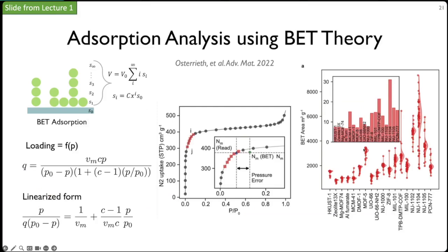And each lab did BET analysis on that data set. The goal is to get this VM parameter. What is VM? What is C? And they compared here just what is the value of VM. And all these different labs, they got the same XY data, but they got different answers for this. And this is all over the place.